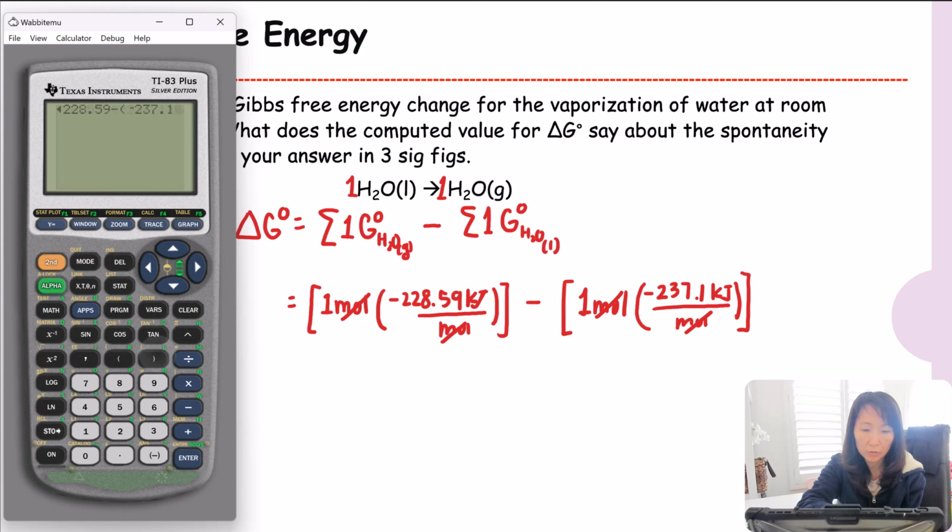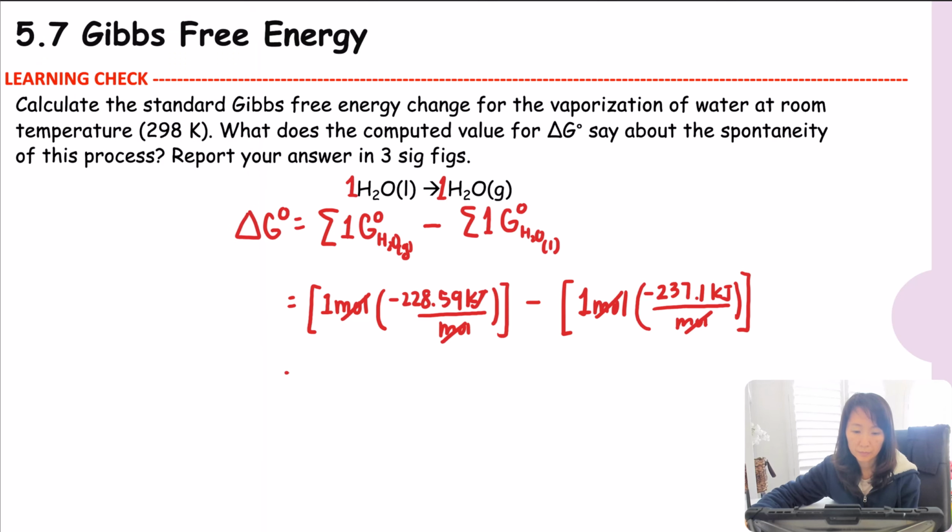Why didn't I multiply it by 1? Because if you multiply it by 1, it's the same value, so I didn't want to put all that in there. And we get 8.51 kilojoules, and it's positive.